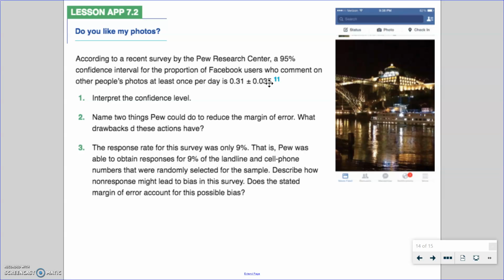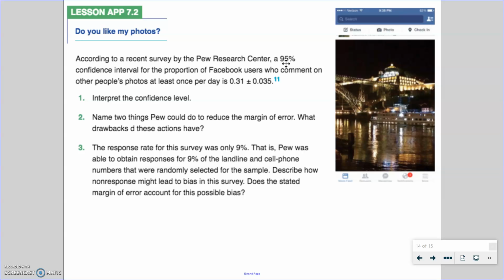Number two, name two things Pew could do to reduce the margin of error. What are the drawbacks of these actions? So, okay, to reduce the margin of error, we could lower the confidence level. So we could only be maybe 90% confident and be able to give a smaller interval. But the downside with that is that I'm not as confident, right? The other thing we could do is get a larger sample size.